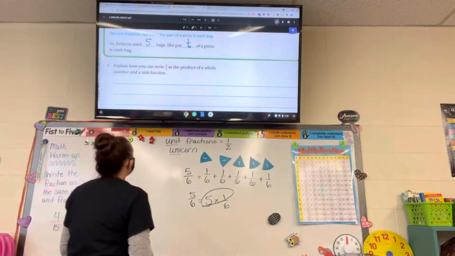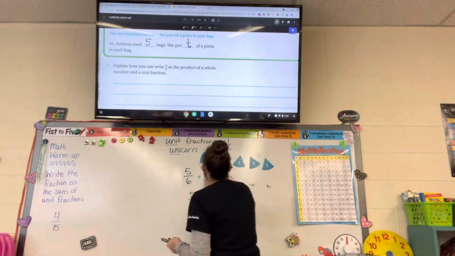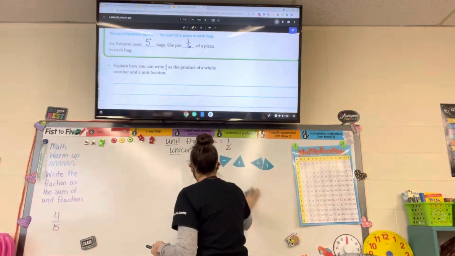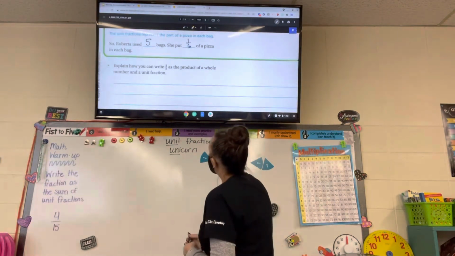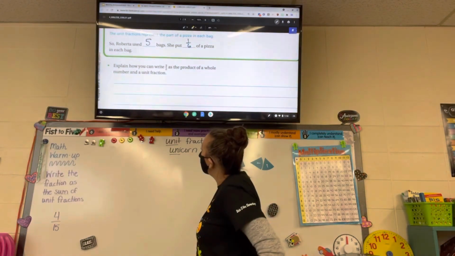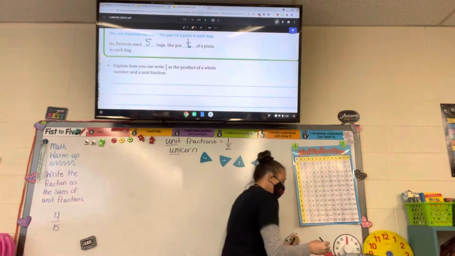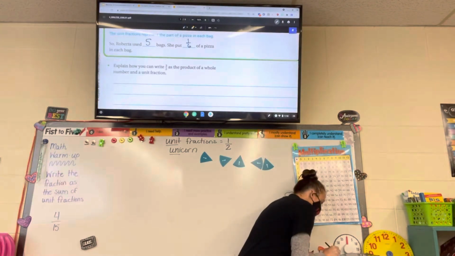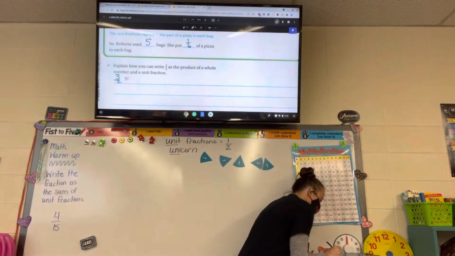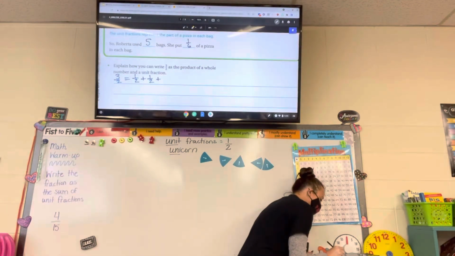It says explain how you can write 3 halves as the product of a whole number and a unit fraction. 3 halves equals 1/2 plus 1/2 plus 1/2.